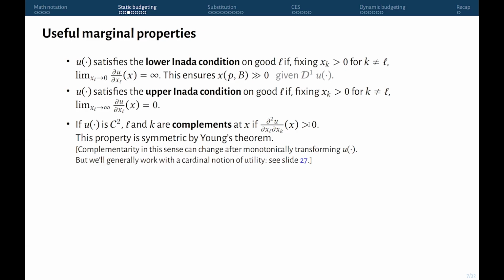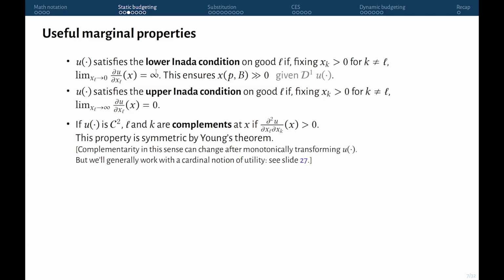Now, all of these conditions actually can change after monotonically transforming a utility function, right? So maybe I should have started noting this at the beginning. But take the lower Inada condition. Let's say there's only one good.